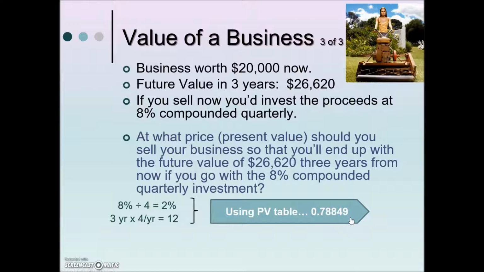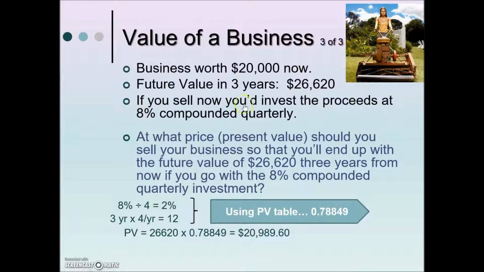To find our asking price, which translates into present value, we will take our future value, as though we held on to the business, multiply it by the value from the table, and this gives us our asking price for the business today.